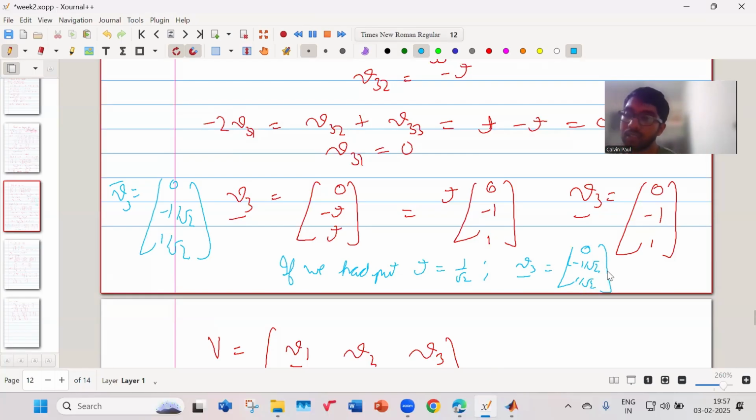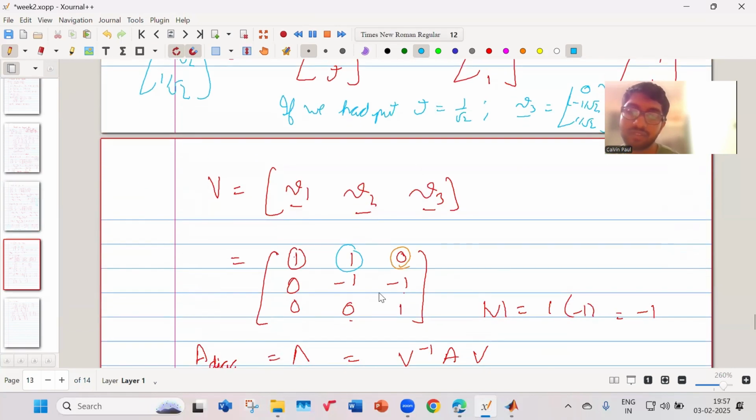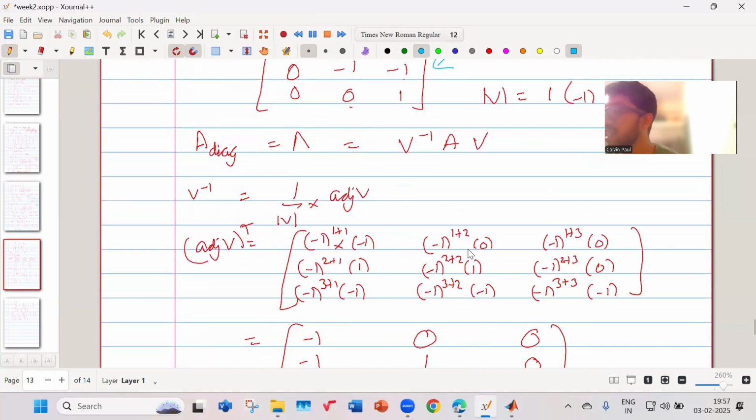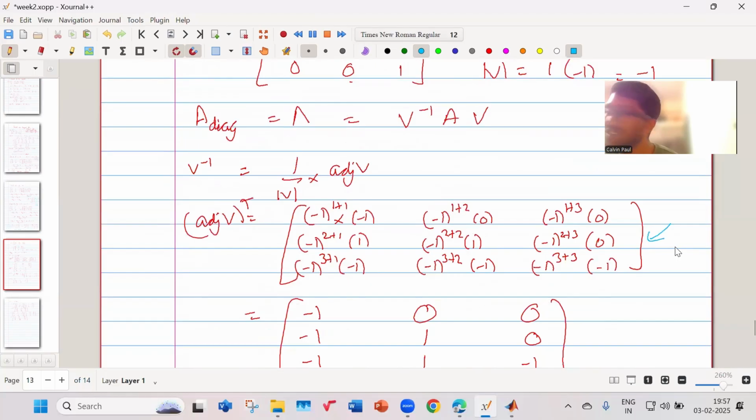So why didn't I choose this value? Why did I take 0 minus 1 1? I chose this value because it becomes easy when I'm finding this inverse. When I'm finding this matrix V and its inverse, if I have this 1 by root 2 and multiply, it is very complicated. It might be easier for the machine, for MATLAB, to do the multiplication, but for me, it is difficult.